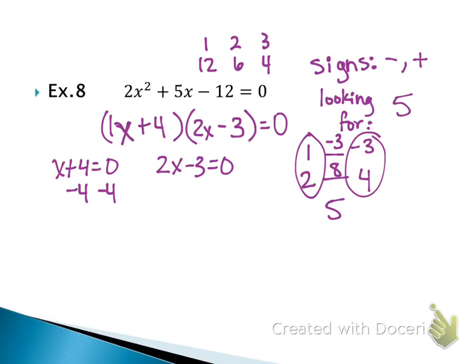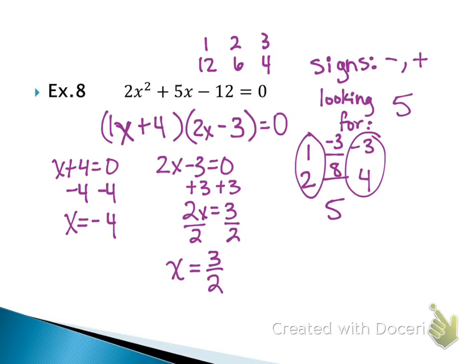Subtract 4. X equals negative 4. On the second one, we've got a couple steps we got to take. What are we going to do? Add 3 and then do what? Divide by 2. Good. So then my answer is x equals what? 3/2.